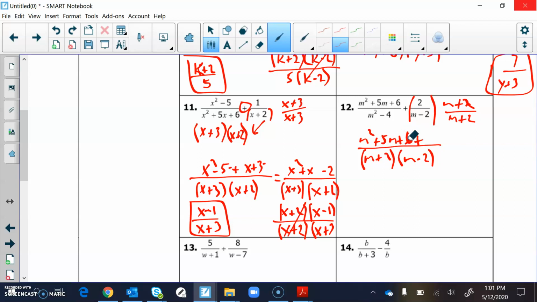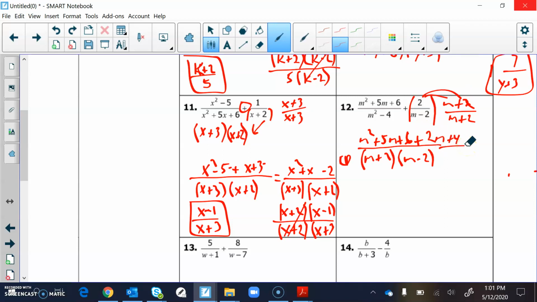All right, starting back to where I left off, m minus 2, m plus 2, that's what I need to match my common denominator right here. Common denominator. So that gets me plus 2 times that. So it's plus 2m plus 4.